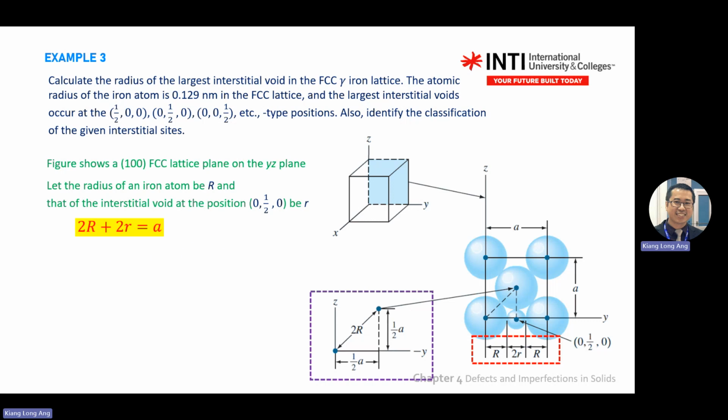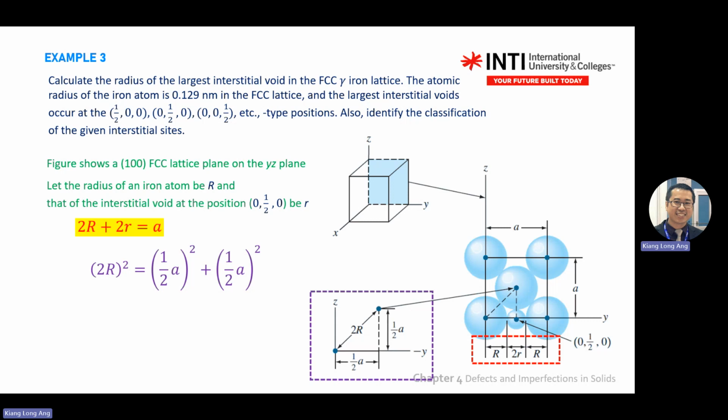Then you try to relate R and a. You need to do the calculation again with R and a. So you draw a right-angled triangle here. Here to here is R plus small r.